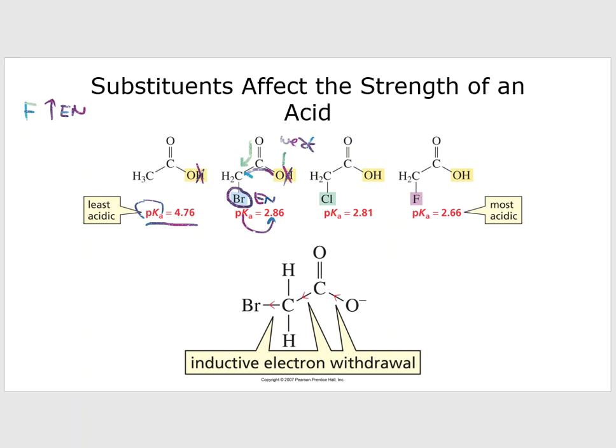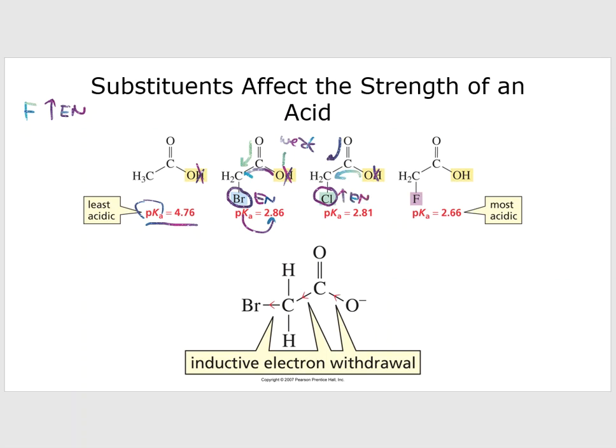Well, if we replace that with a higher electronegativity group, this is still an electron sucker, and you're still seeing it pull electrons toward it. And this chlorine, again, is right here beside that neighboring carbon. This hydrogen can be removed even easier. And that's because chlorine has a higher electronegativity than bromine does.